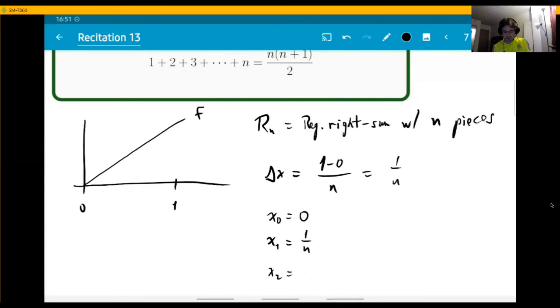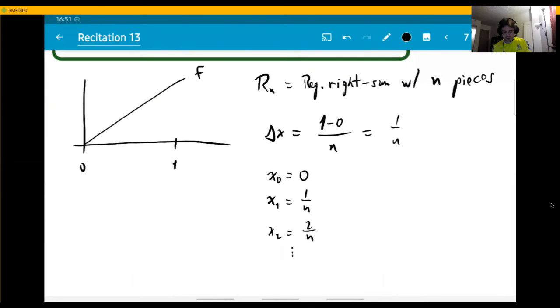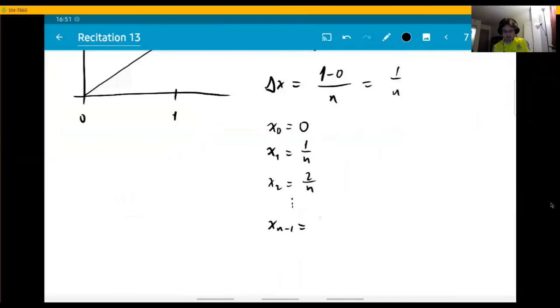X2 is going to be the initial plus 2 over n. So on up to the second to last, xn minus 1. Just follow the pattern. And the last one would be n over n, which is 1. So you have many, many points like this, dividing your interval from 0 to 1.